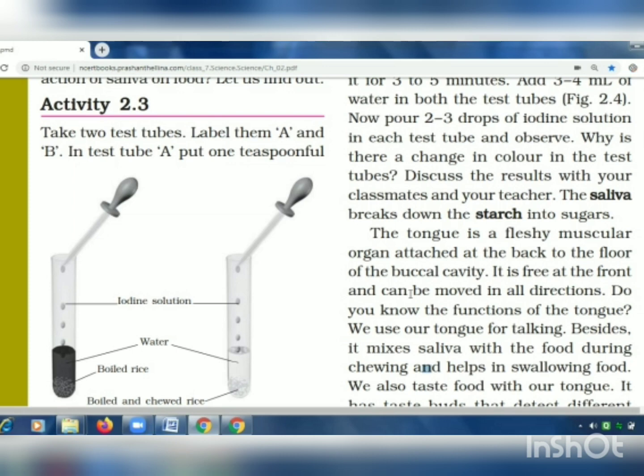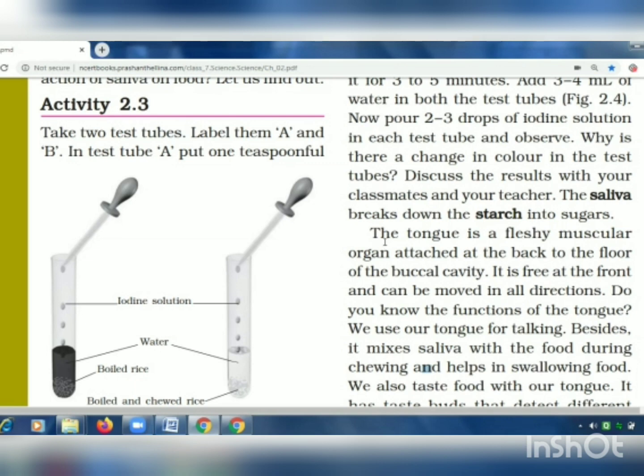When the boiled rice comes in contact with the saliva as we chew it in our mouth, it is converted into sugar. So when you put iodine solution, the color does not change to blue black, whereas in test tube A, the boiled rice is in the form of starch, and that is why it turns blue black with iodine solution.